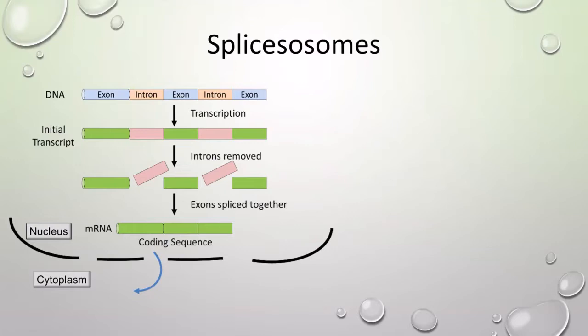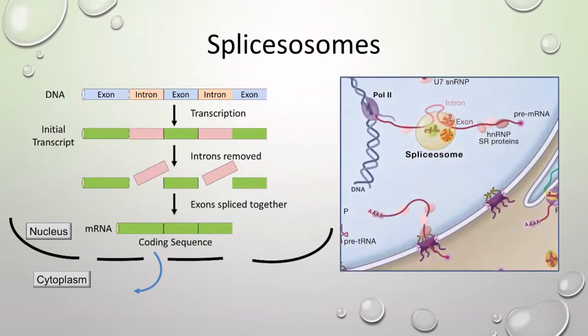So there is an organelle called the spliceosome. It takes the initial transcript, cuts at this point, cuts at this point, and puts the two pieces together and binds it here. In the end, what you get after going through the spliceosome is an mRNA that is ready to be translated into a protein. Then it gets sent out through the nuclear pore.